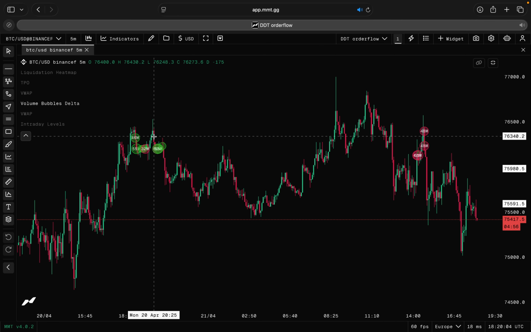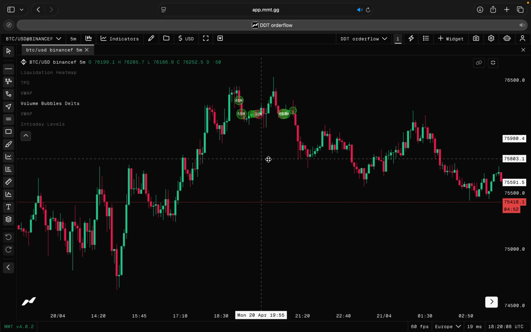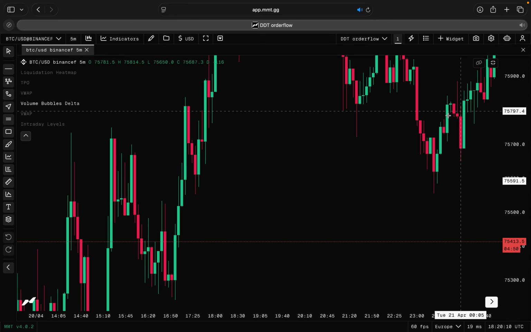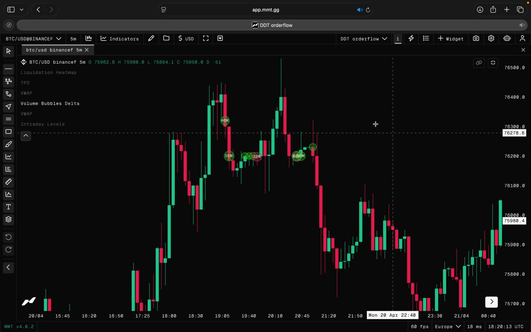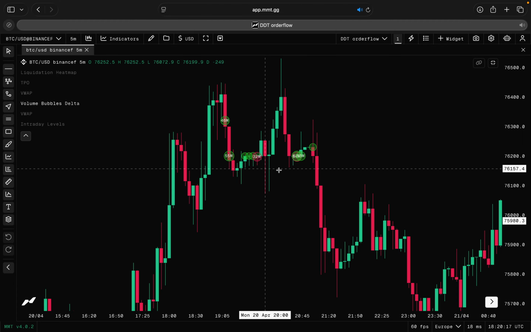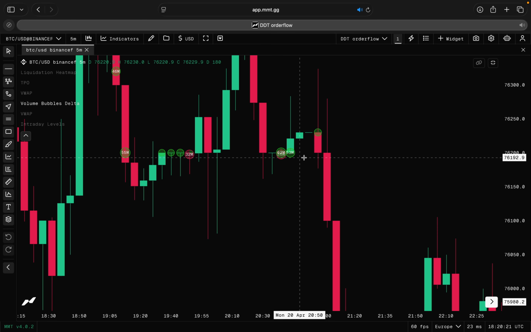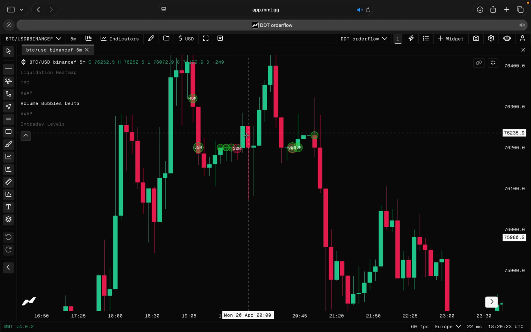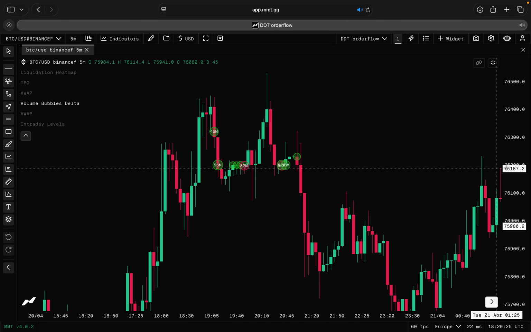Yesterday a lot of delta happened here. If we zoom in, you can actually see 46 million positive delta, 55 million positive delta, 32 negative delta, and then here also a lot of delta. It basically shows you how many market orders there are.